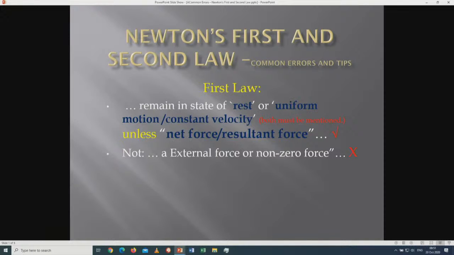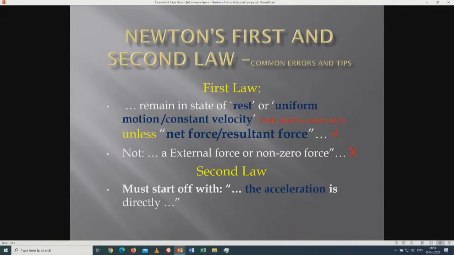Just mentioning an external force or a non-zero force is not correct. It's not acceptable. So please stick to a net force or a resultant force acts on the body, not just in general an external force. An external force doesn't mean it's a net force. So please stick to the correct words in Newton's first law. And again, it's often asked, so please know it by heart.